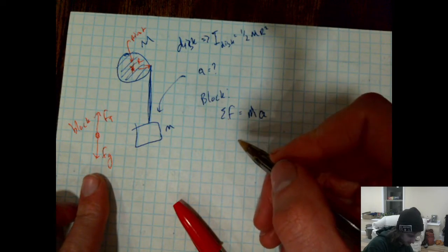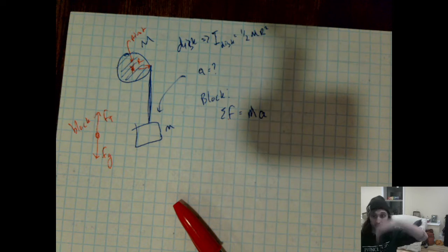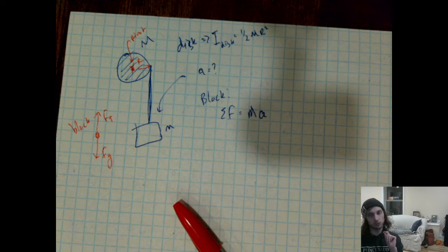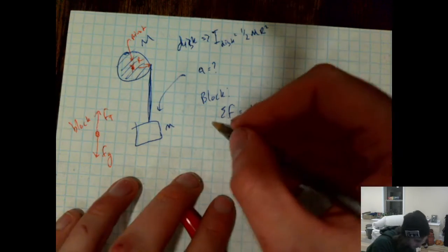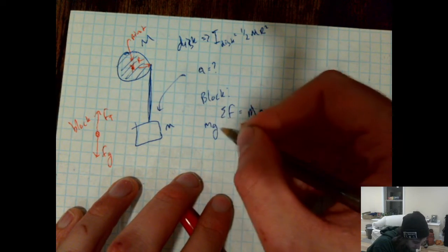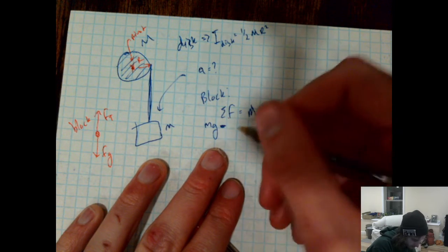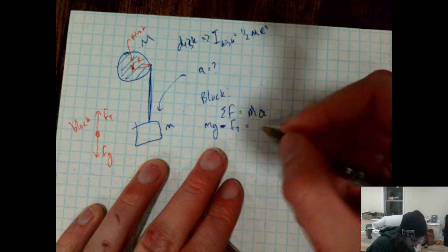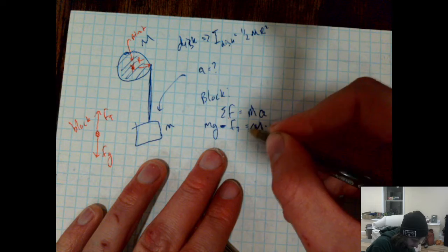So I'm going to call anything that causes the block to go downward positive, so that I do not have to worry about quite as much stuff being negative when we get to the pulley. So mg minus our force of tension will equal our mass of our block times our linear acceleration for our block.